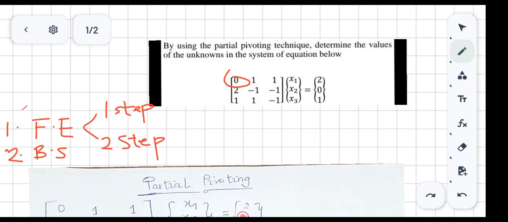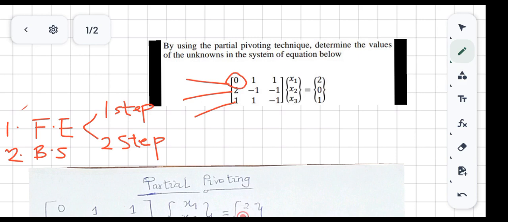Okay, so let's start with the first step. With the first step, we are going to only pivot on this. So you first find the absolute value of this 0, then you find the absolute value of 1, then the absolute value of 2, and you compare. The pivot element has to be greater than the ones below, right?